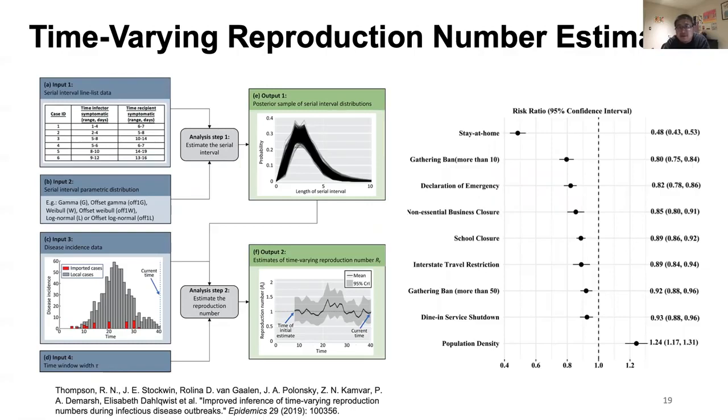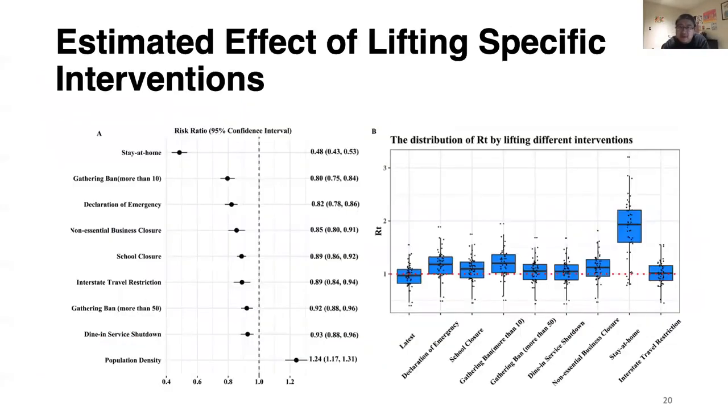The first step uses data of unknown pairs, which is a serial interval of index and secondary cases to estimate the serial interval distribution. The second step estimates the time varying reproduction number jointly from incidence data and from the posterior distribution of the serial interval obtained from the first step.